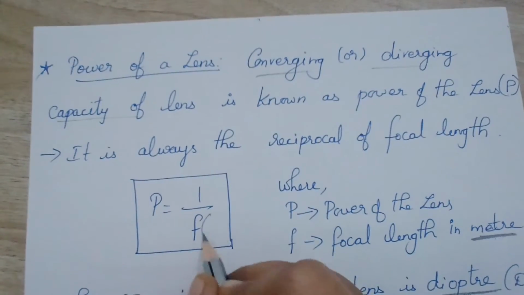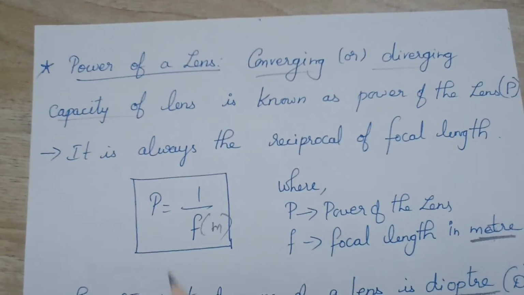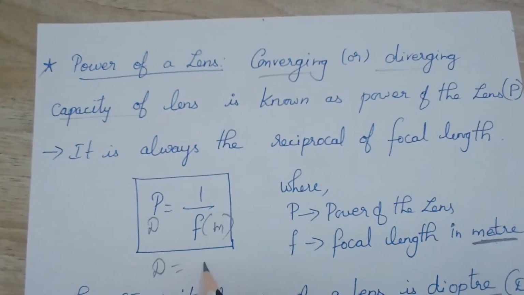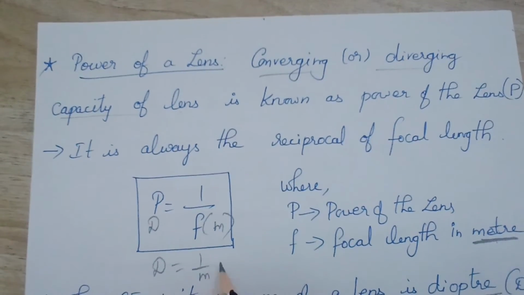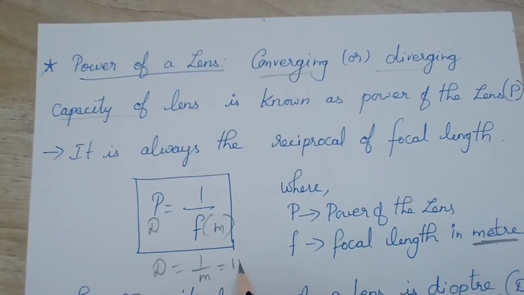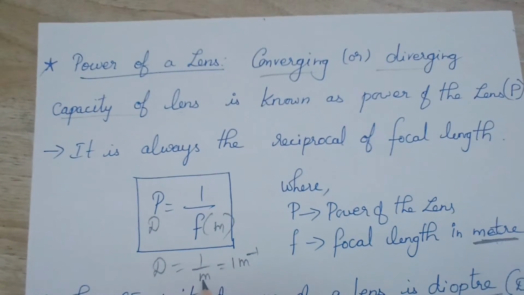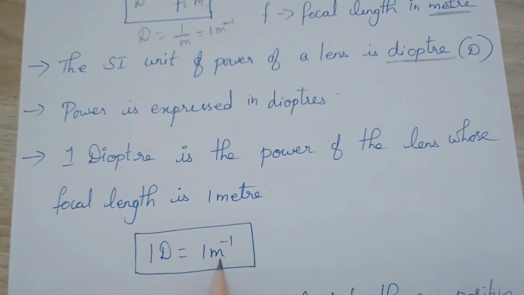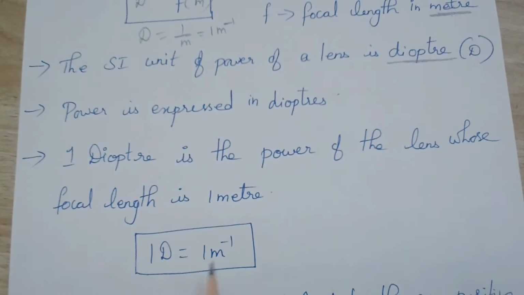So it is expressed in meters. Okay, this is expressed in diopter. So D equals what? 1 by m. So we can write it as 1 m to the power of minus 1. When it goes up, it will become inverse, right? m inverse. That's why 1 diopter equals 1 meter inverse, or meter to the power of minus 1.